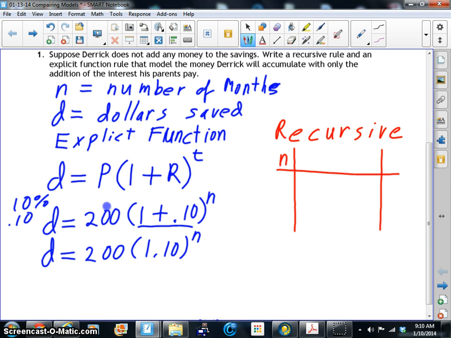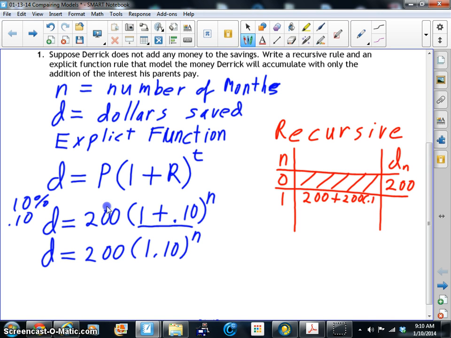This is n, this is D sub n, the dollars after certain months. We start at 0, and it starts with $200. For the next month, we have 200 plus 200 times 0.1.